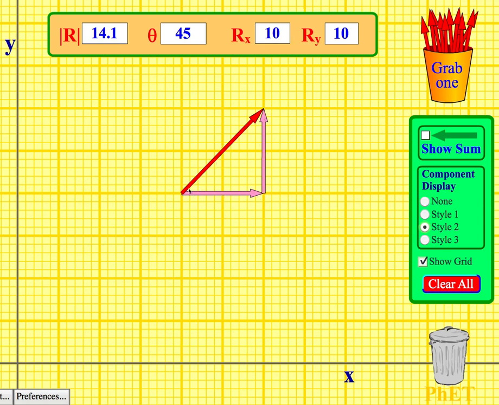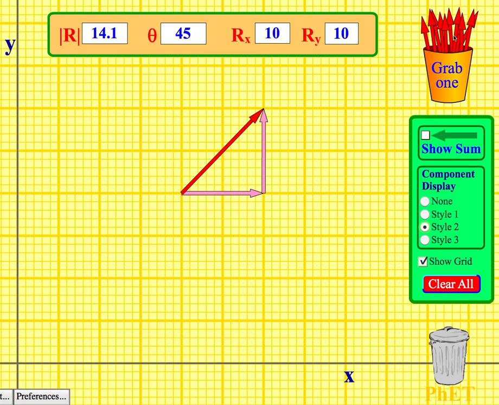If this 14.1 is the speed with which it is moving, and since it's moving in the direction of 45 degrees, that's the velocity vector in this case. Then this would be 10 meters per second toward the east and 10 meters per second toward the north. And that's what the meaning of these x and y components would be.